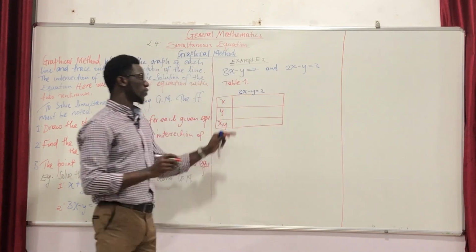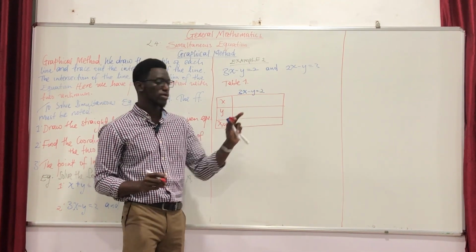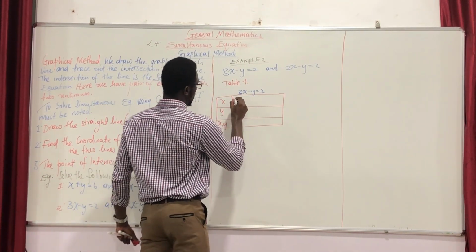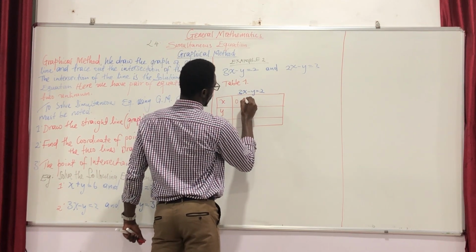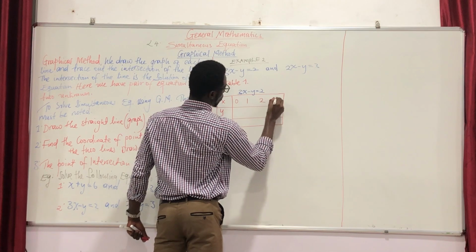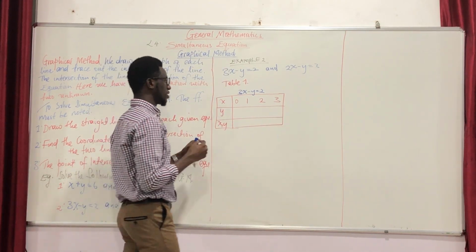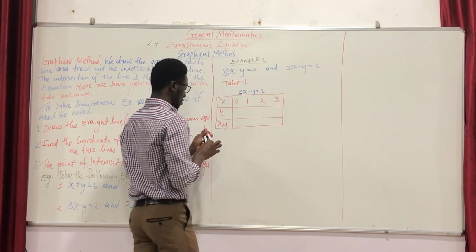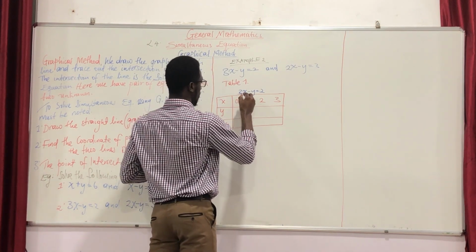Again, if you want, you can start from 0, 2, 4, or 1, 2, 3, 4. It's up to you. But for me, this time around, let's say we start from 0, 1, 2, 3. That's for table 1.